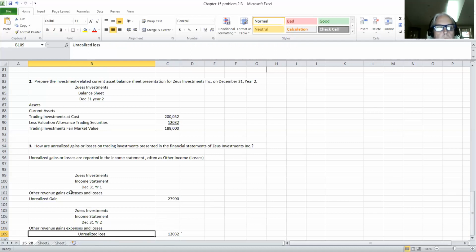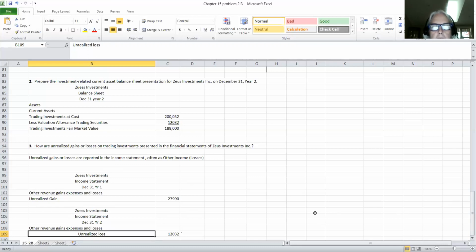Something that I failed to put on the income statement was also the dividend revenue that you had earned in these transactions. It would show up under this other section. So if you had dividends, it would also go on the income statement. But I think the question was about just unrealized gains and losses. How would they affect the income statement? But I want you to realize that the dividend revenue would also go under this category here.